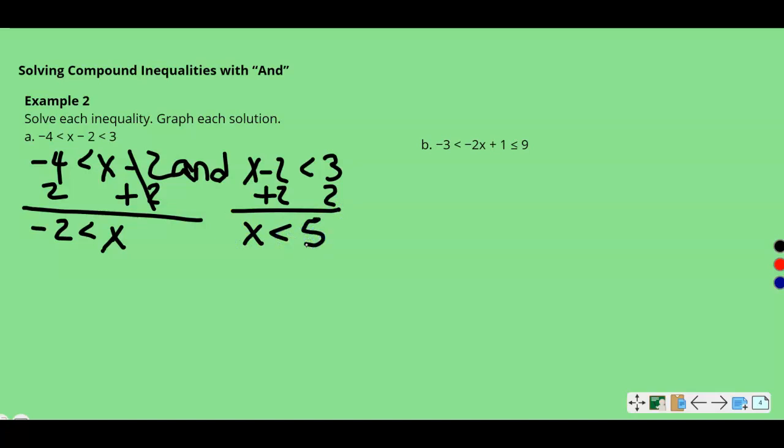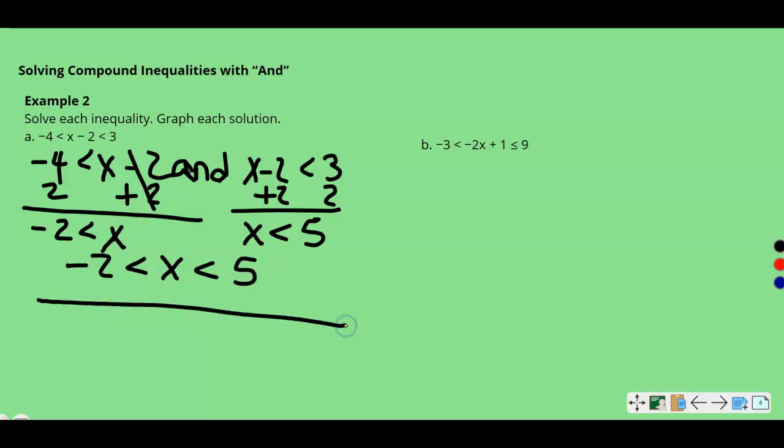All right, so if you want to write it as a compound inequality again, just put the two together. You only need one x in the middle, but that will represent your compound inequality of -2 less than x less than 5. So on the number line, 0, -1, -2, -3.